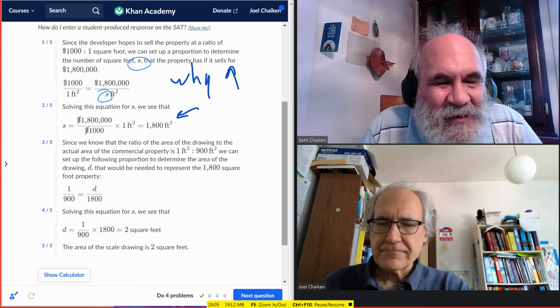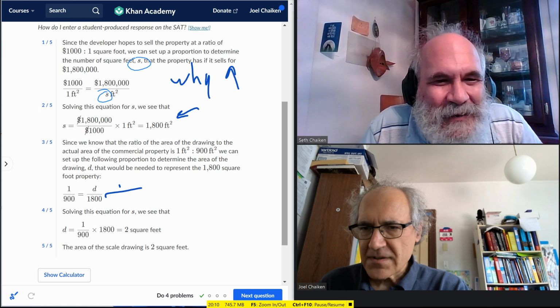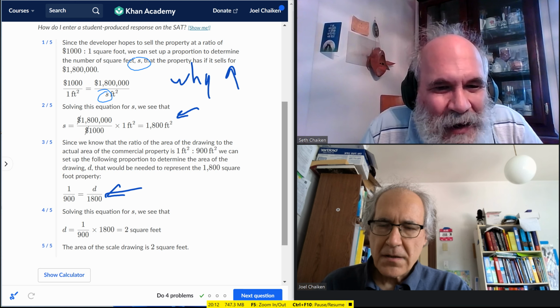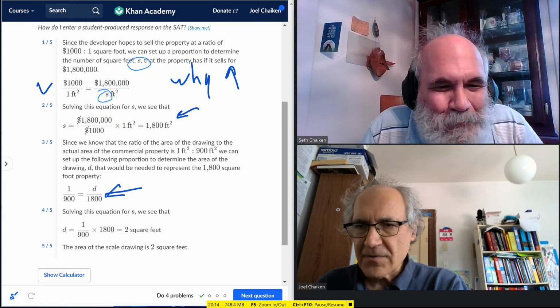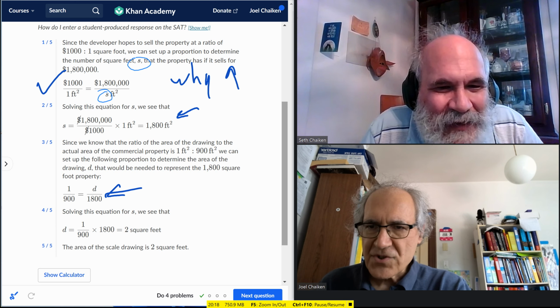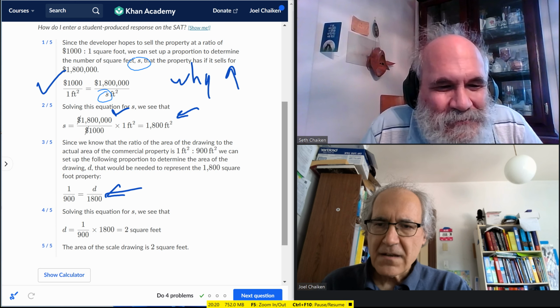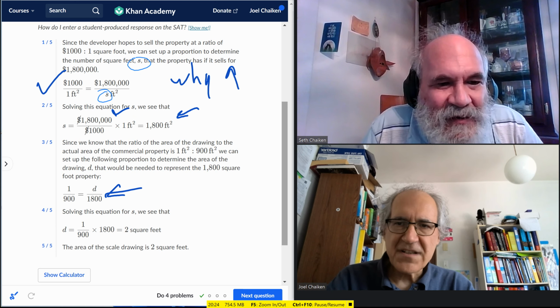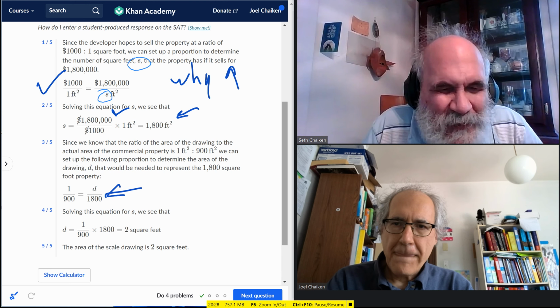Also, they didn't use units here. That's a little disappointing. They put units here, though. Give them credit for that. They also used units here. Give them credit for that. So very similar. They did it in 2 steps.